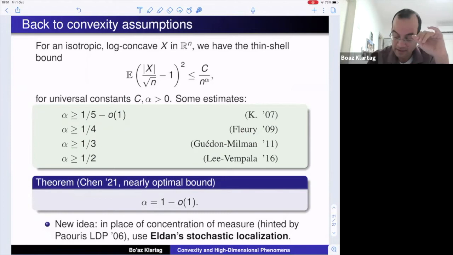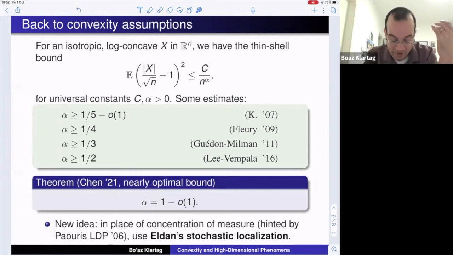But then something happened, and in 2016, Lee and Vempala improved the exponent to 1/2, but they also used a different technique. They used a technique called stochastic localization, which I'll discuss in my lecture on Tuesday, which can replace concentration of measure and actually brings much better results.